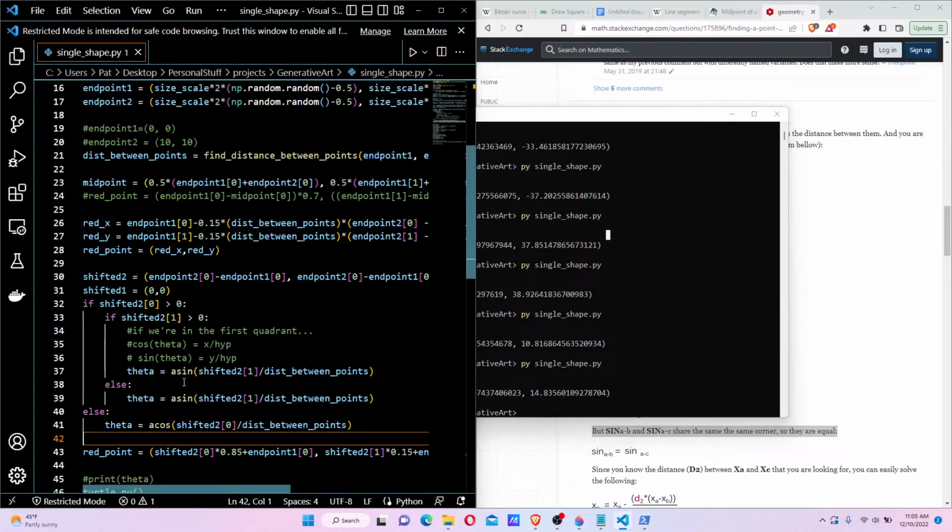Okay, what do I have to do? So I have to get these red points. I'm gonna take a minute and not say anything and just try to draw this out on paper so that it makes sense to me.